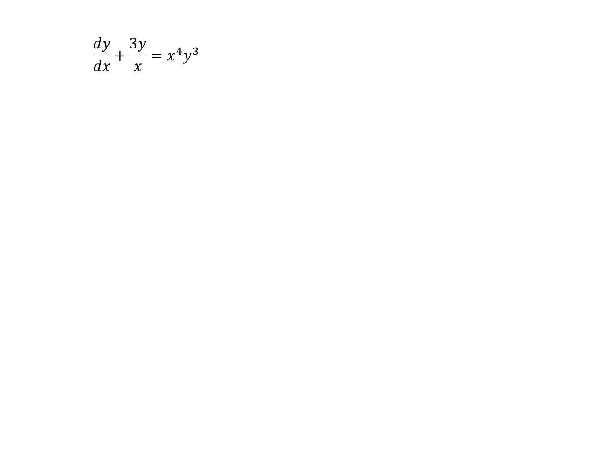Now another approach to the problem is we can do integrating factors by inspection. This is the original problem: dy dx plus 3y over x equals x to the fourth y cubed.